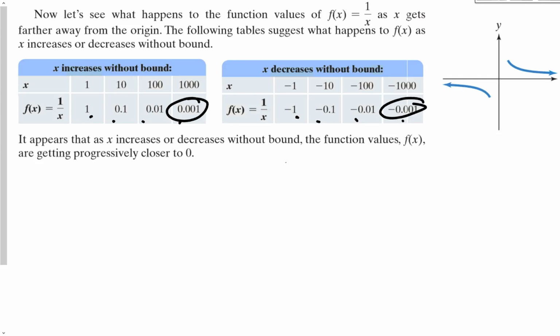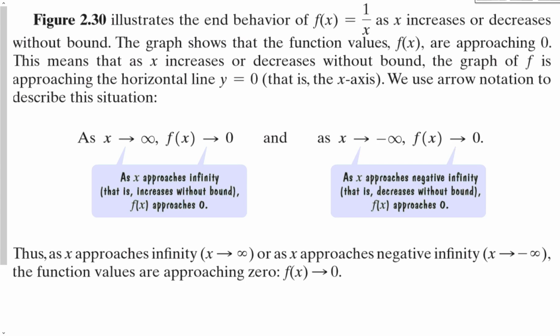So what we can do with arrow notation is say this illustrates the end behavior as x increases or decreases without bound. The graph shows that the function values f of x are approaching 0 as x increases or decreases without bound. The graph of f is approaching the horizontal line y equals 0, the x-axis.